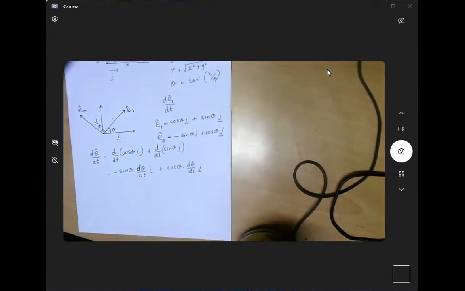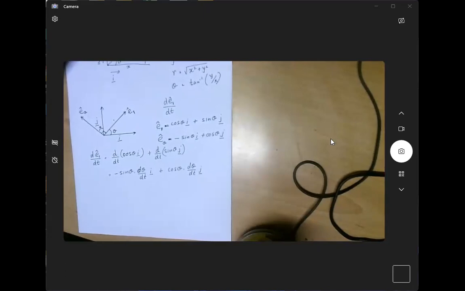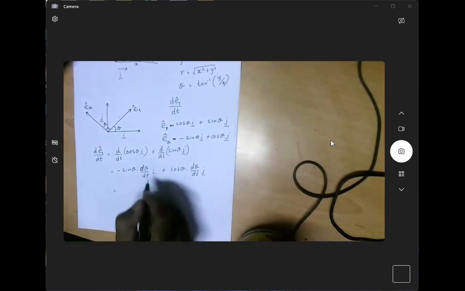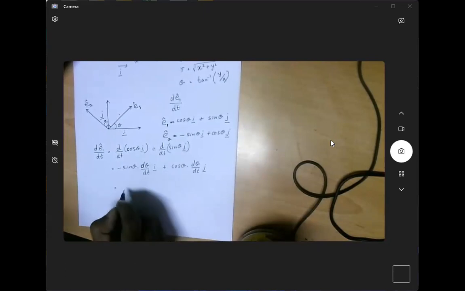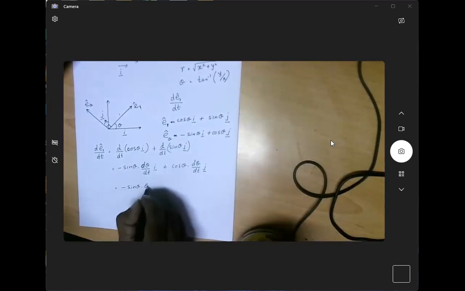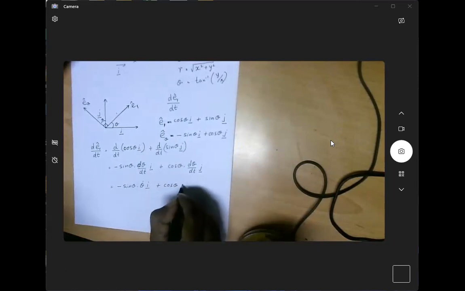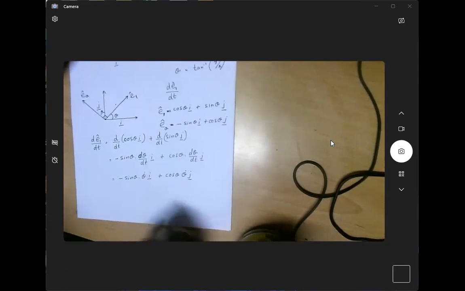Am I doing this right? You can simplify d theta over dt in the same way as previously: minus sin theta theta dot i plus cos theta theta dot j.